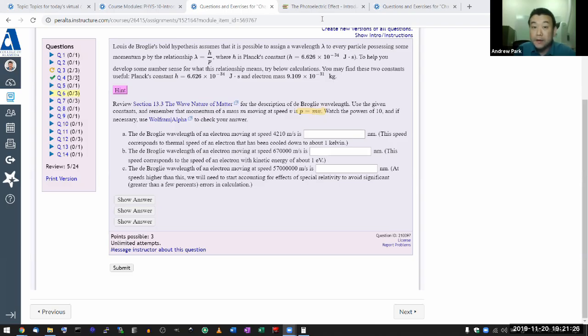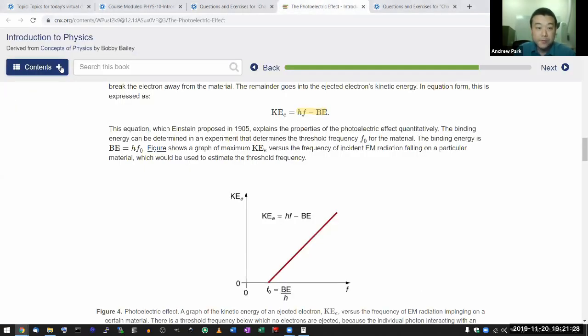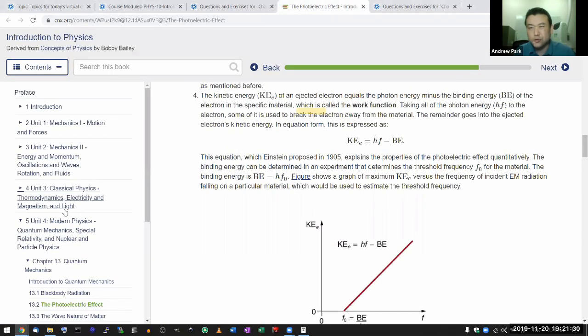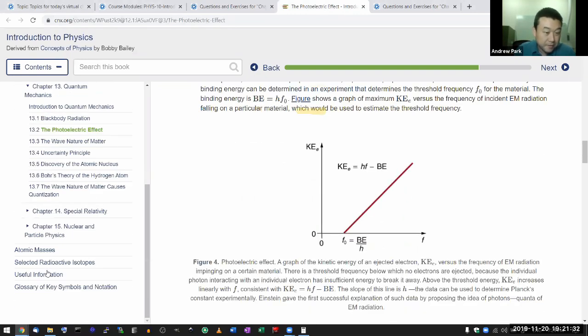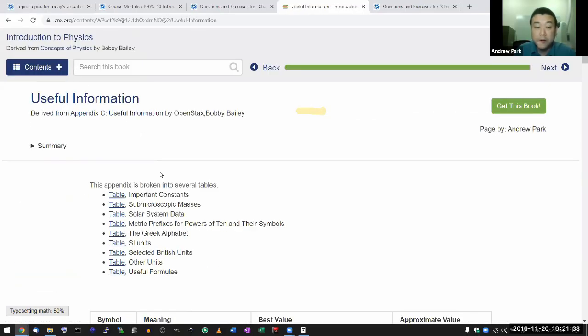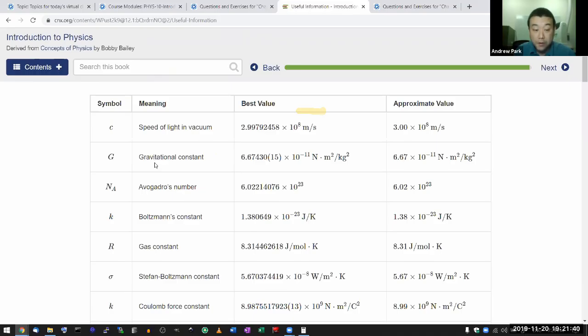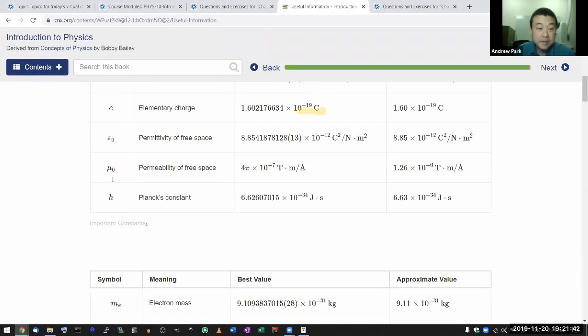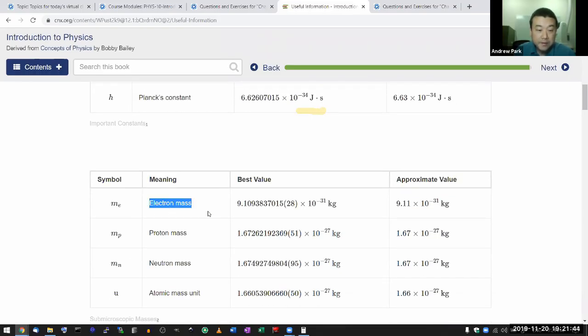By the way, we have the electron mass in the textbook. You can also Google it, which is another way to get it. Under useful information, it'll list a bunch of constants, and one of the constants is the electron mass. There it is.